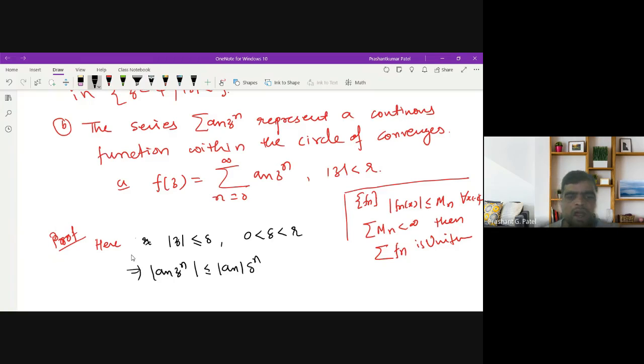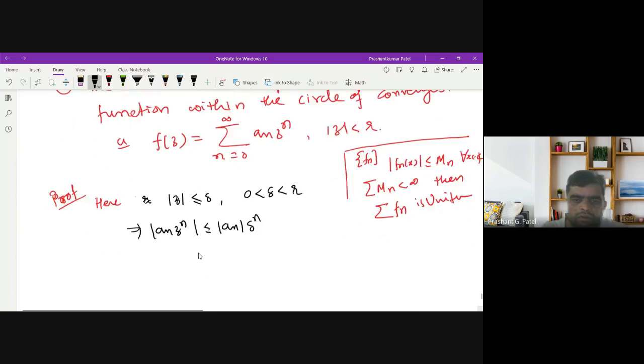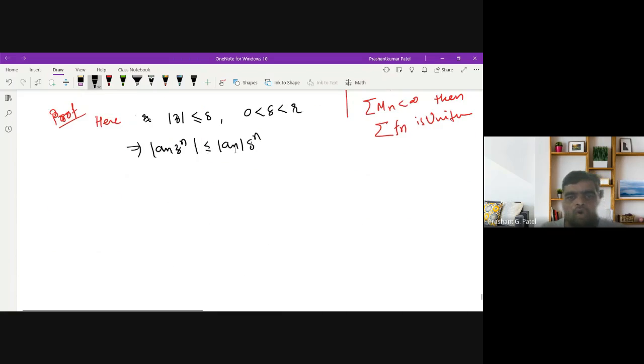Here R is the radius of convergence. So ultimately this is the constant sequence mod a_n delta raised to n, which is treated as M_n. If I can prove that this summation of M_n is convergent, then we say that summation of a_n z raised to n is uniformly convergent.